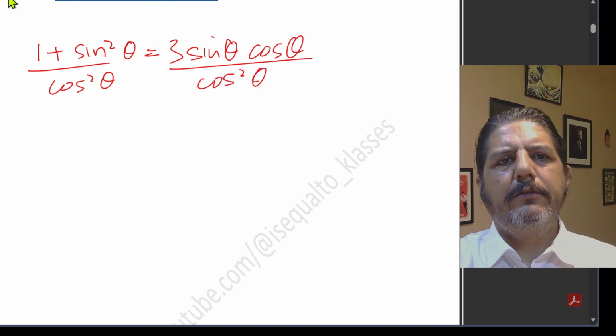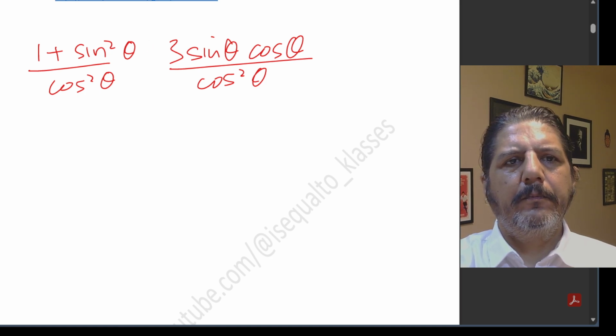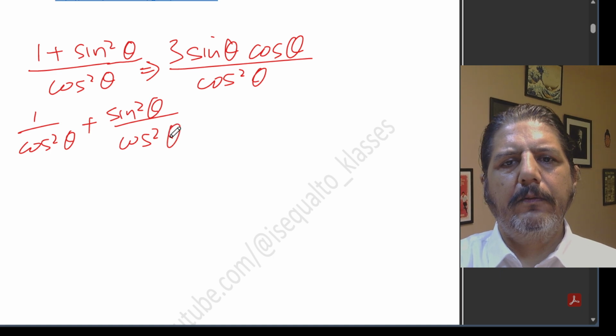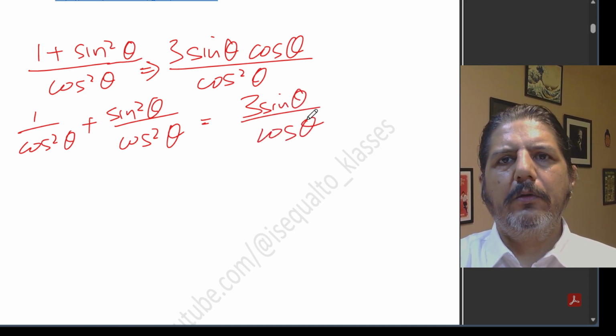And let's see what happens next. So this will be equal to 1 upon cos square theta plus sine square theta by cos square theta would be equal to 3 sine theta by cos theta.